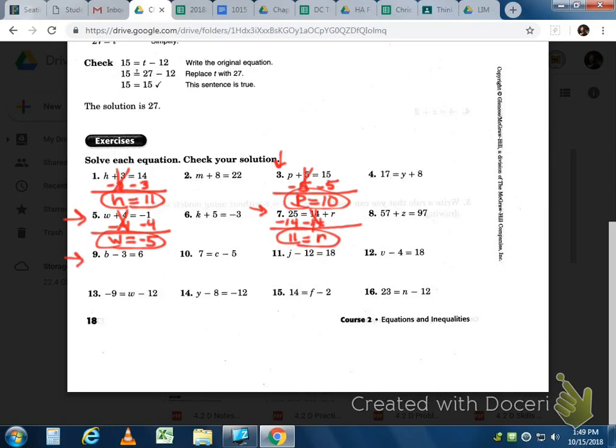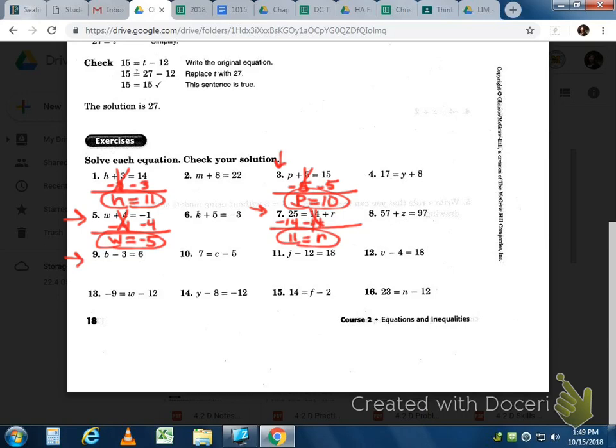B minus 3 equals 6. Who's going to do this one? Okay, Mason. If it's minus 3, what are we going to do? If you did negative 3, it'd go deeper in debt. We want it to cancel out.